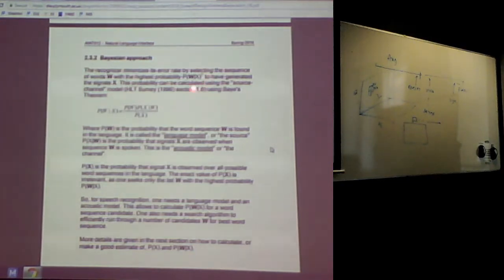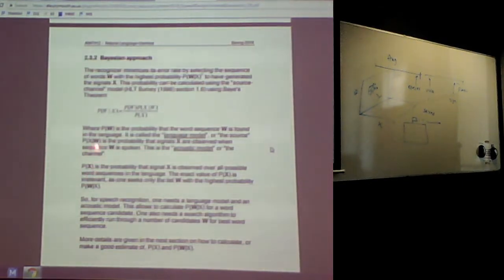So X is the measurement, and W is what's generated with these measurements. This probability can be calculated using Bayes' theorem. Once you understand that, you are very comfortable with many problems.